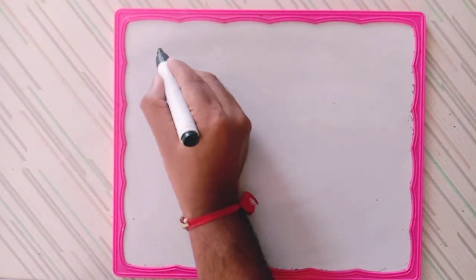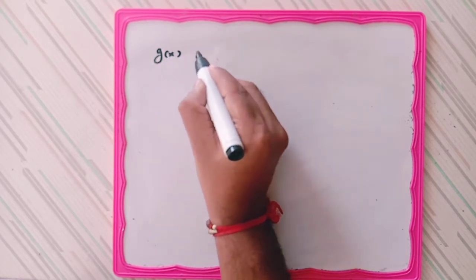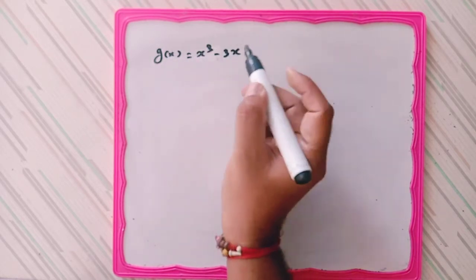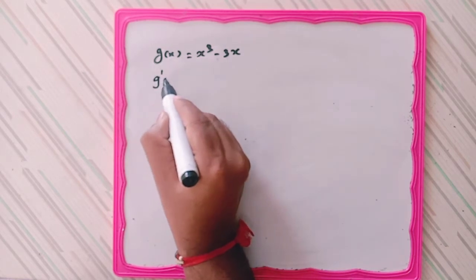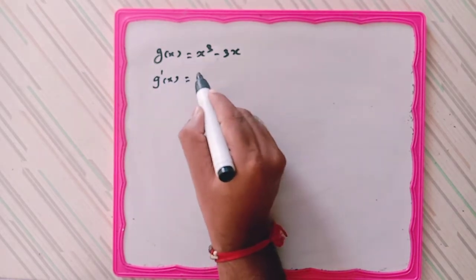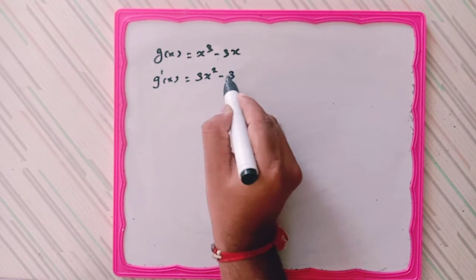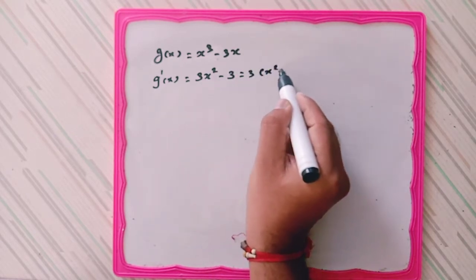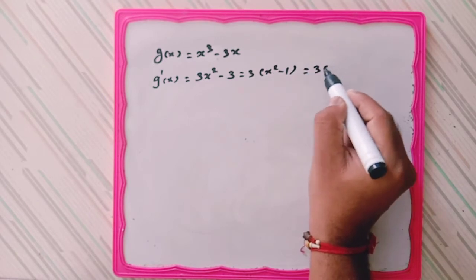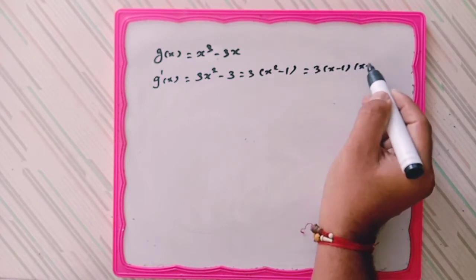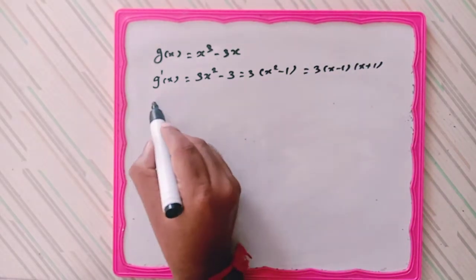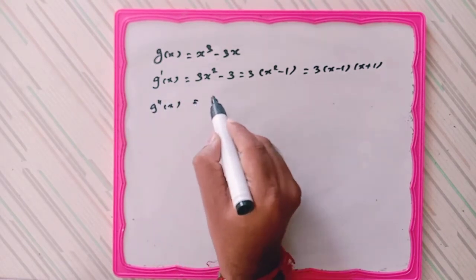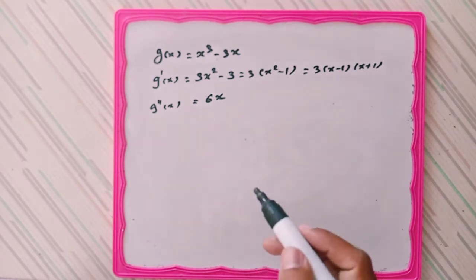Now we have the second question, g(x) equals x cube minus 3x. So g dash x with respect to x, we take the differentiation, then 3x square minus 3, and so 3 we take out common, then x square minus 1, so 3 into x minus 1, x plus 1. Now g double dash x we take, then it is 6x.